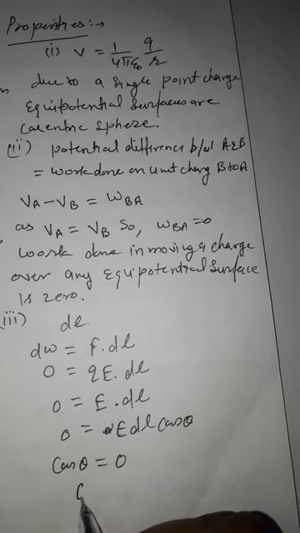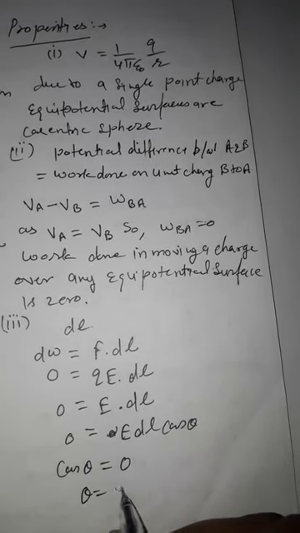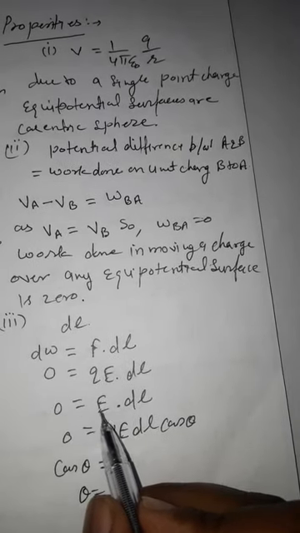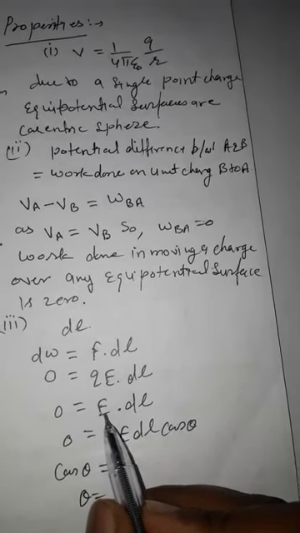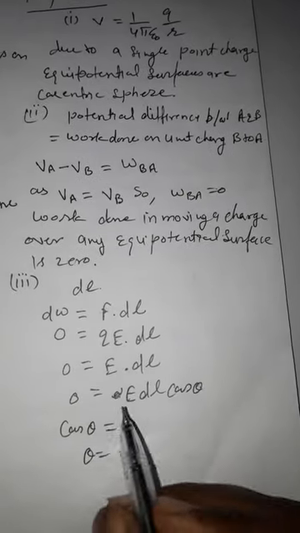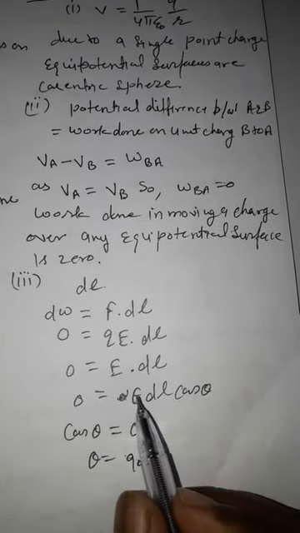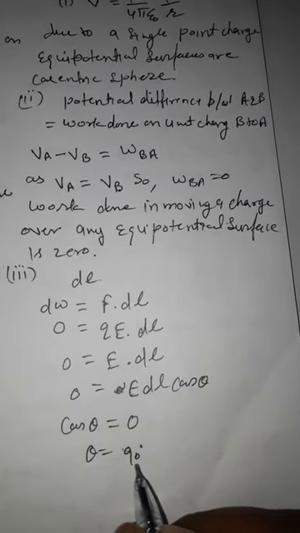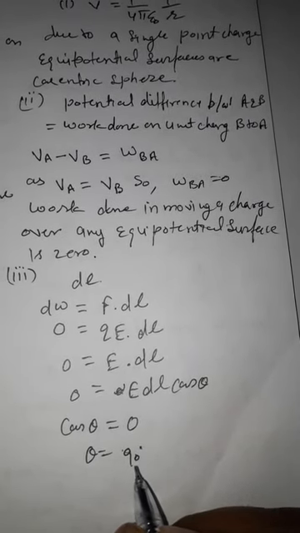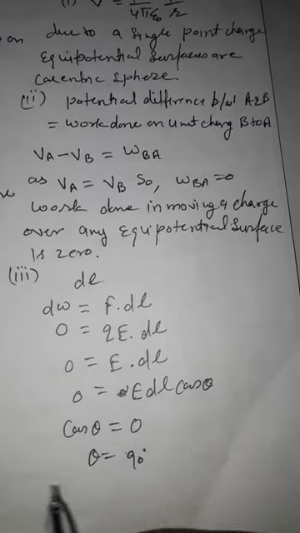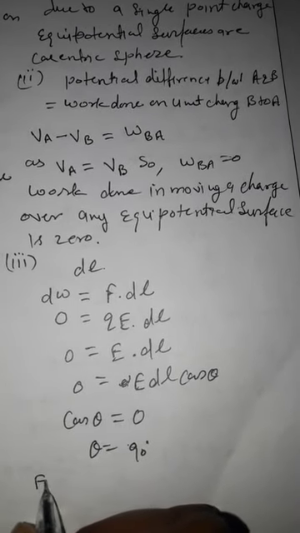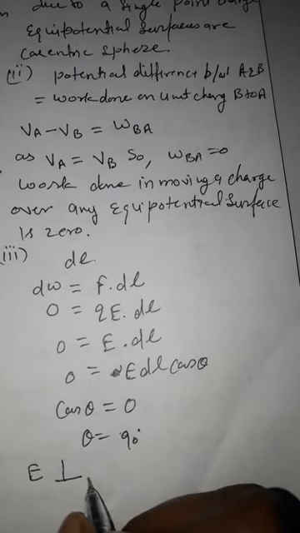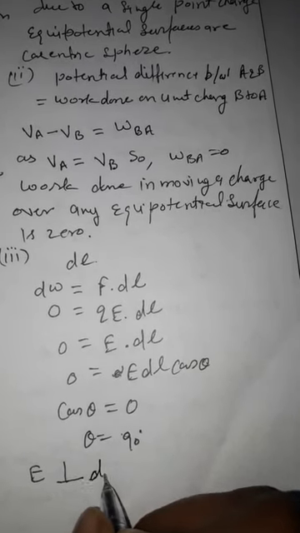So theta is 90 degrees, where theta is the angle between dl and E, the electric field intensity. From here we conclude that the electric field is perpendicular to the equipotential surface.